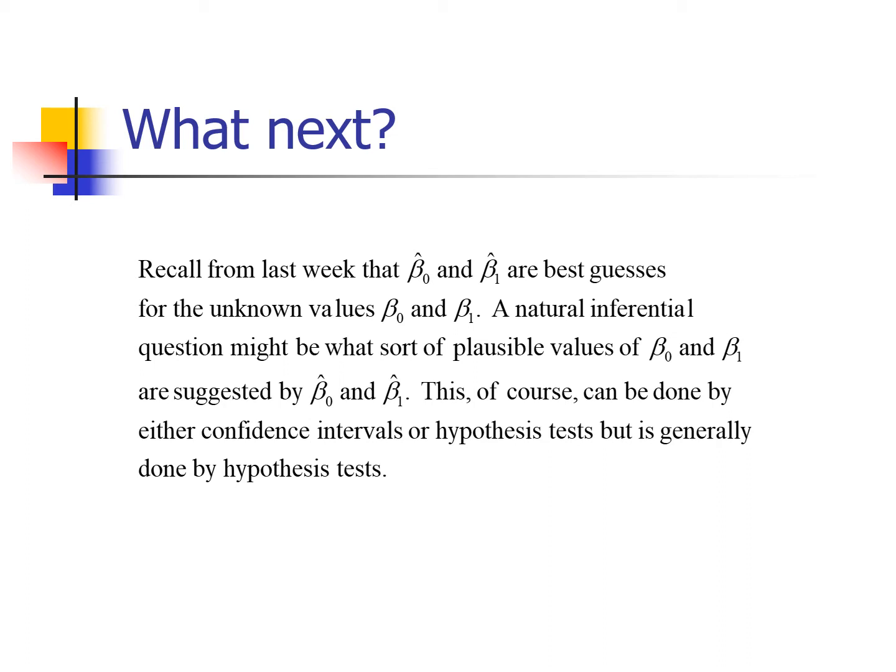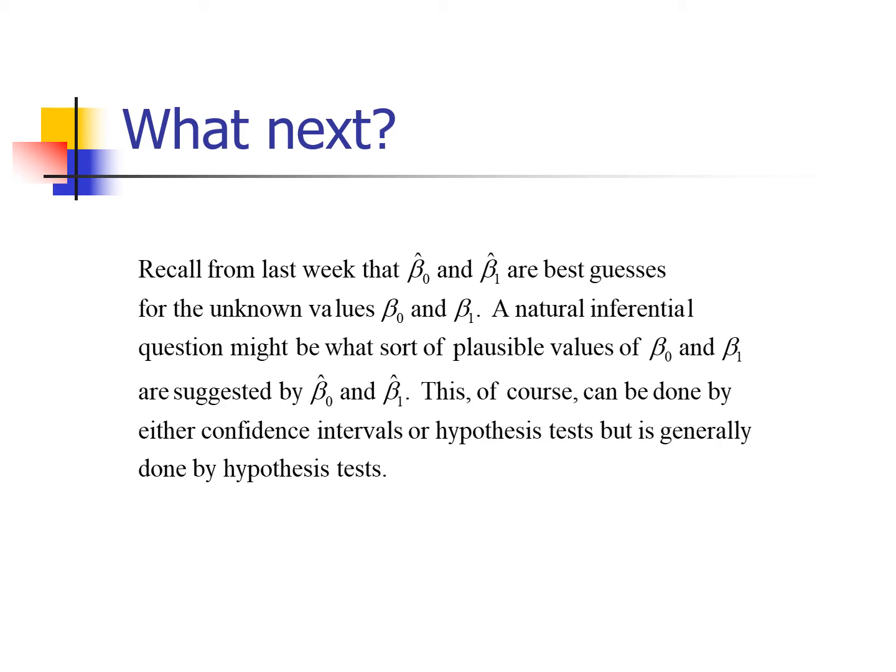So a natural inferential question is, what sort of plausible values for beta naught and beta 1 are implied by beta naught hat and beta 1 hat?